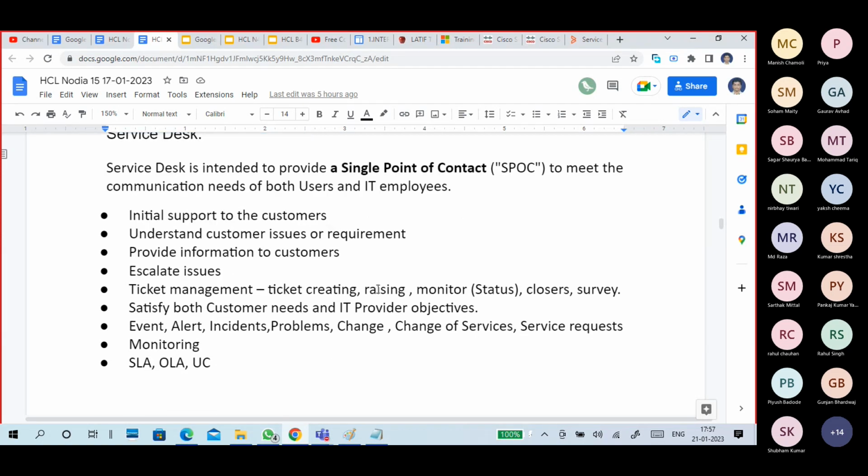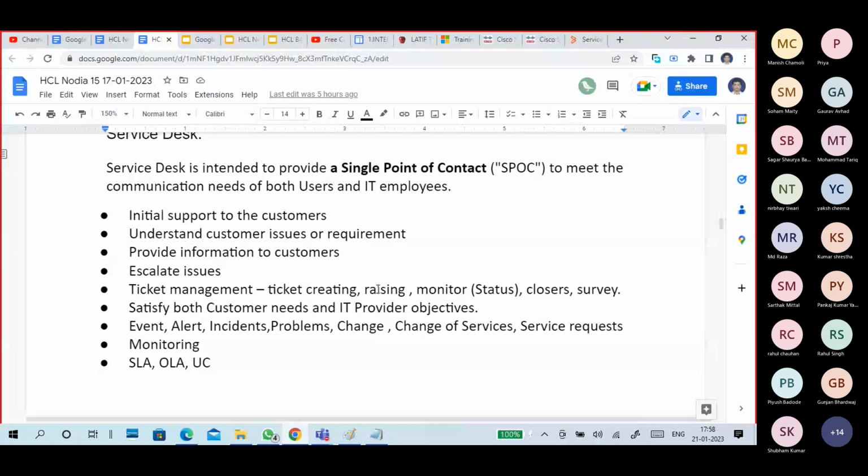Okay. The service desk will understand customer requirements. You should clearly note what they are telling you, their requirements and issues. Issue means any problem they are facing. Requirements means they are querying certain information or a change of services.